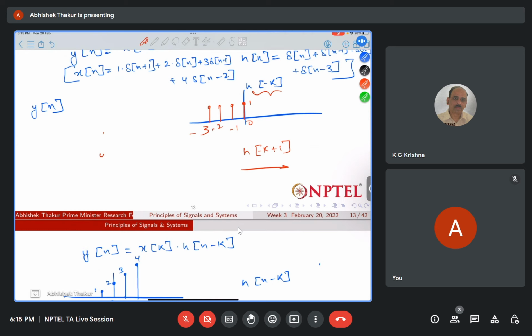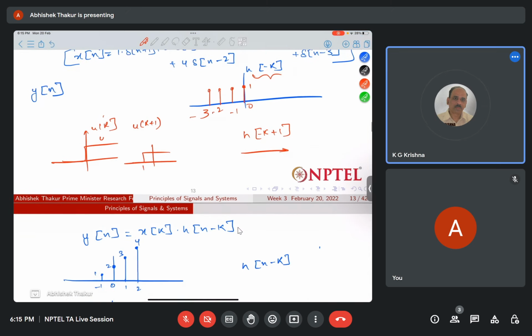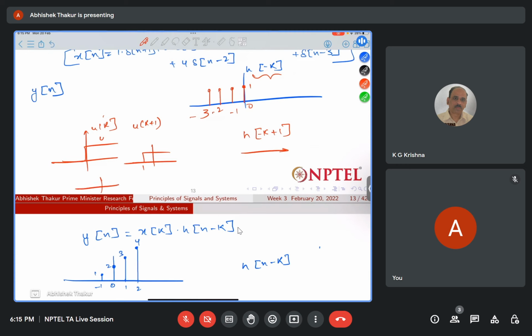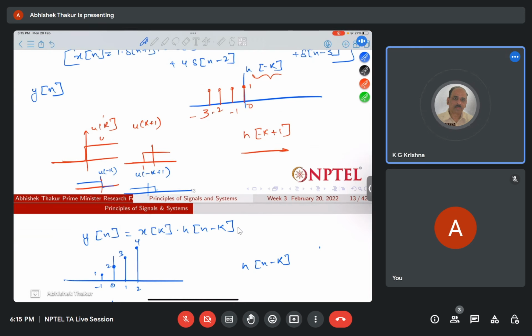Let's suppose this is our u of k. Now when you are doing u of k plus 1, then it is going towards left, 1 unit left. But when it is u of minus k and now you are doing u of minus k plus 1, then it will go 1 unit rightward.